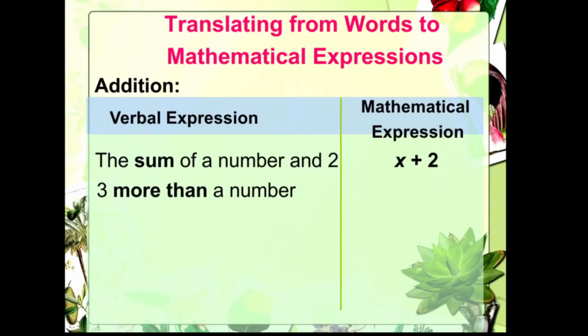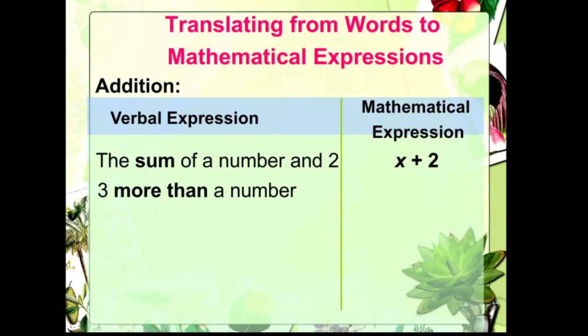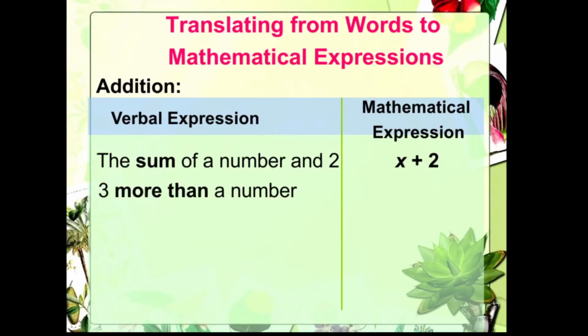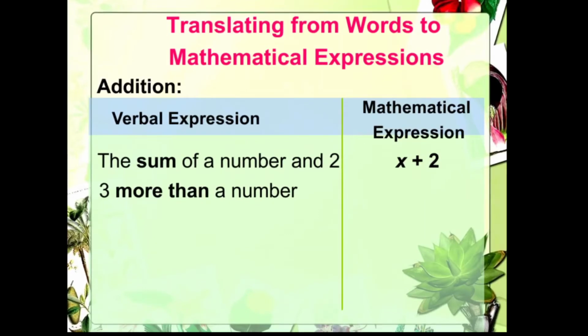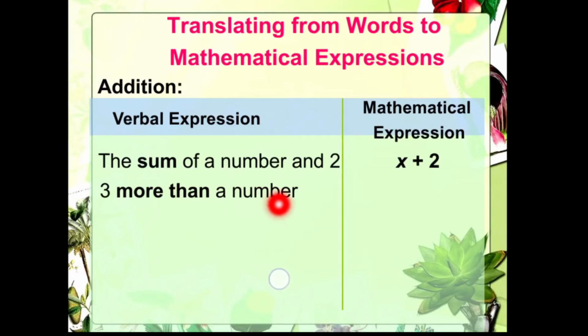More than is also for addition. We have to add 3 to the number. What is the number? It is also missing, so for instance, we will use x. We will add 3 to that x. So our answer is x plus 3.